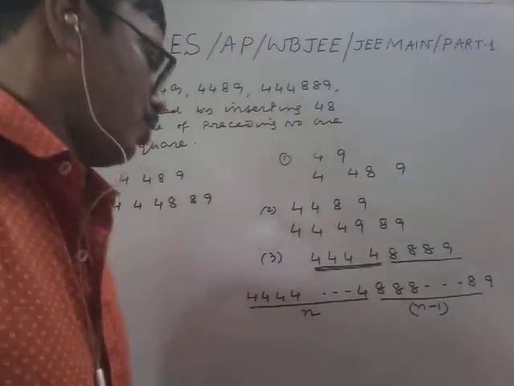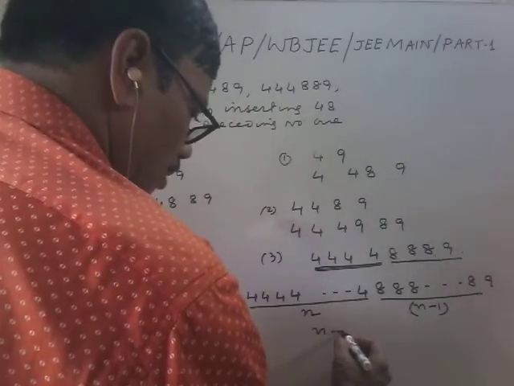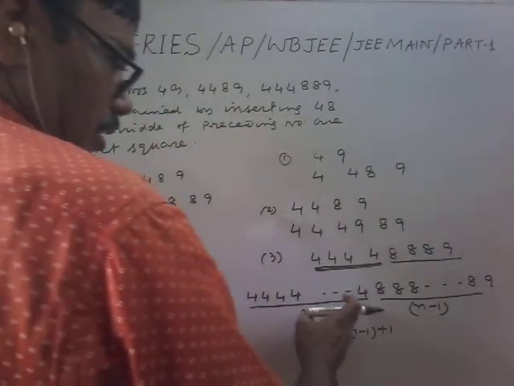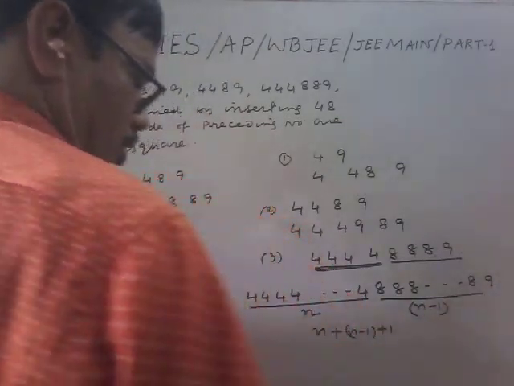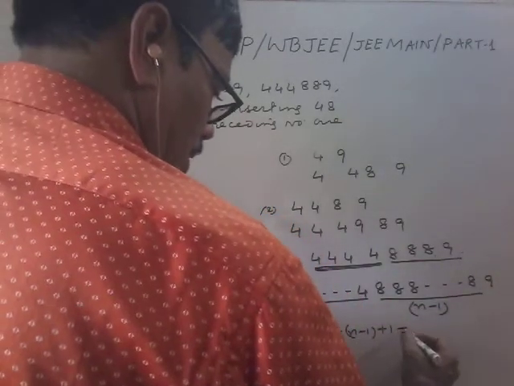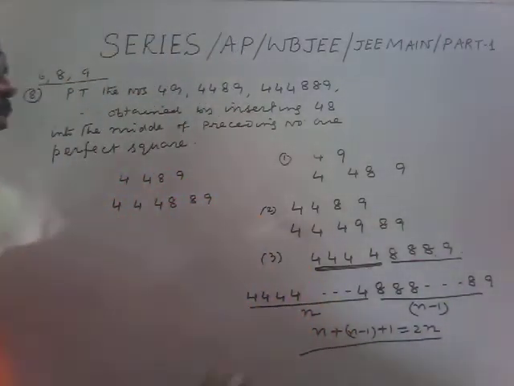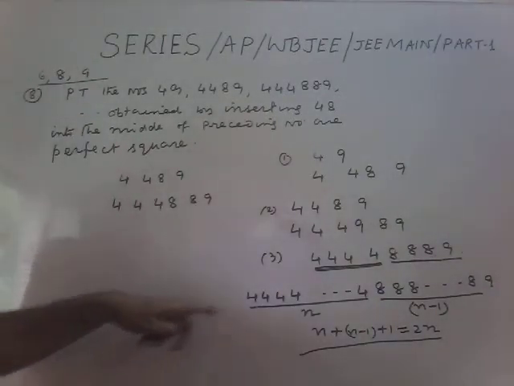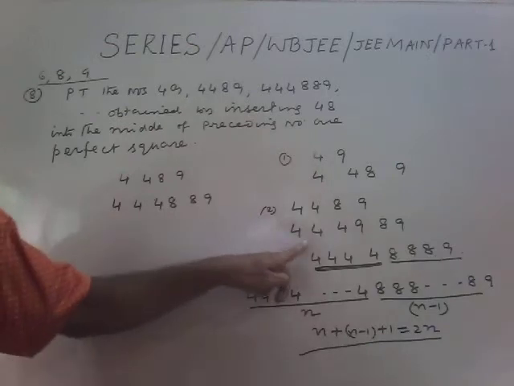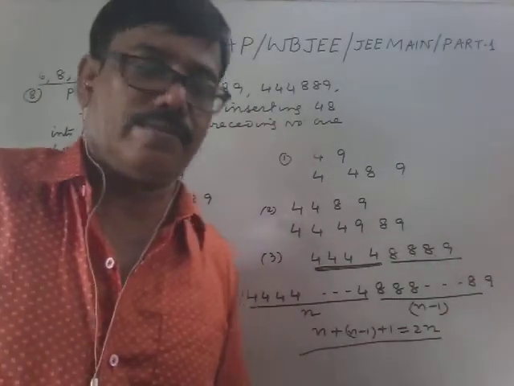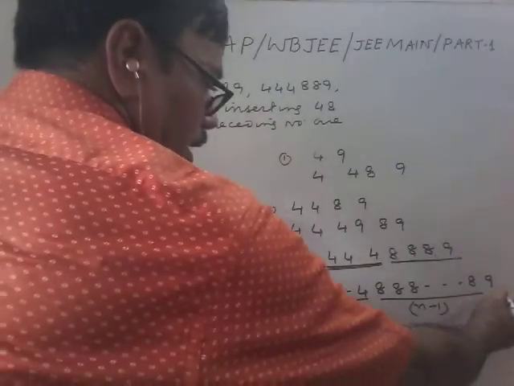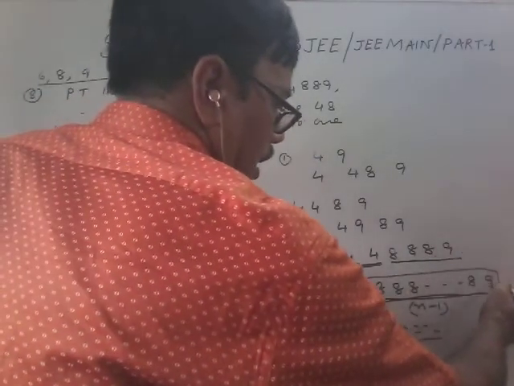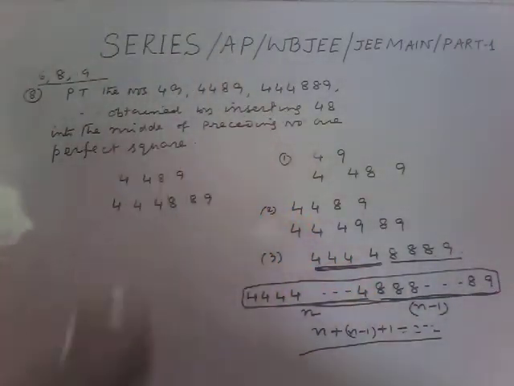So how many terms in total? n plus n minus 1 plus 1. Here it is n, this is n minus 1, and this is 1. So the number of terms is 2n. Look, in all cases the number of terms is even. So we get this type of arrangement.